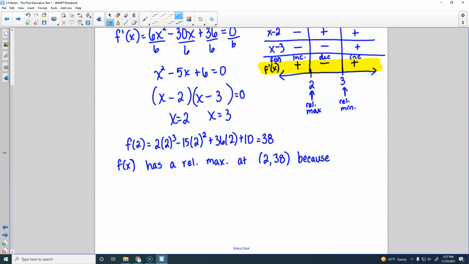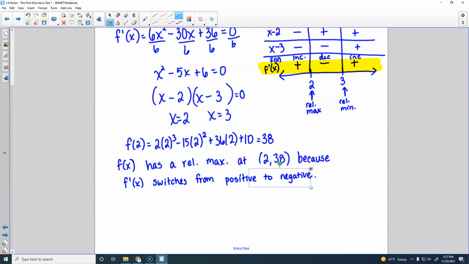You have to talk about the derivative here. So you can say f prime of x switches from positive to negative. So that takes care of our maximum.